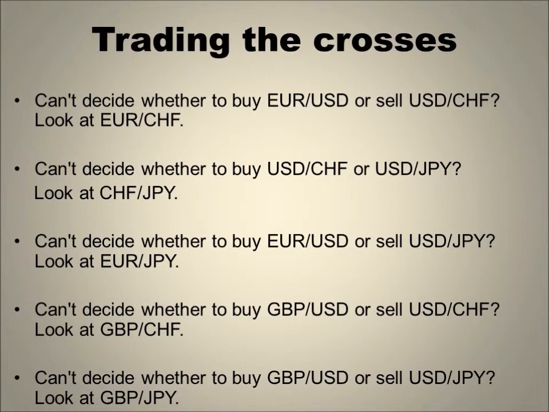So what we're doing here is we're looking at two currencies, and if we're not able to decide whether or not we should go long on this currency or go long on that currency, make a cross pair. And then what happens on the cross pair can determine which currency we should get involved in.